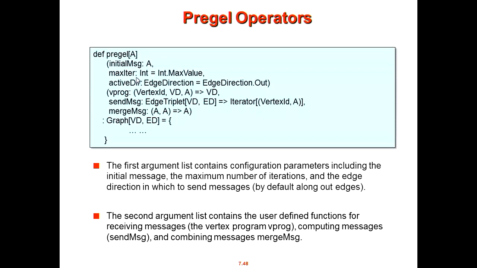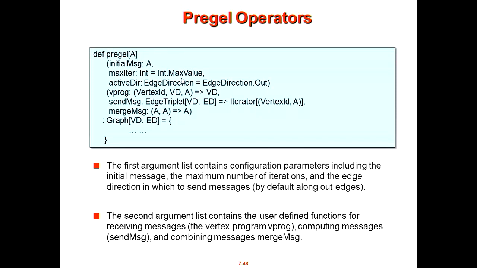And next is the max iteration. Because this is an iterative job, right? Just like shortest path, it's iterations. But just in case there are some bugs in your code, you can set the maximum iterations. When your program exceeds this iteration number, it must mean there's some problem in your code. So Spark will terminate your program just in case it runs forever.